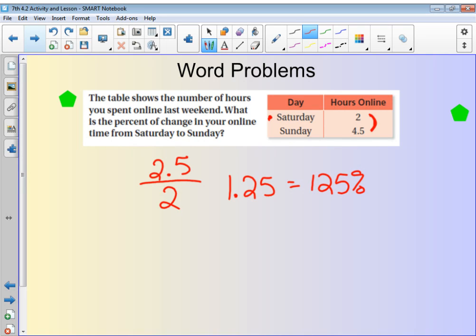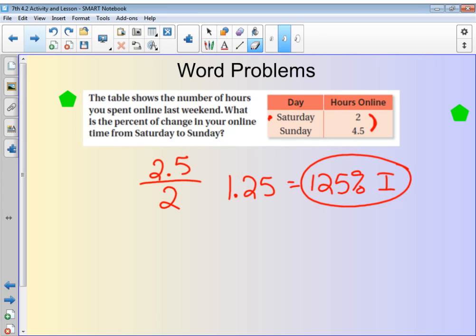Now, did it go up or down from Saturday to Sunday? It went up, so that would be a 125% increase. Okay, so this is working with stuff that we did yesterday, but now it's a word problem. So you're going to have to use a little bit more knowledge and understanding of that word problem.